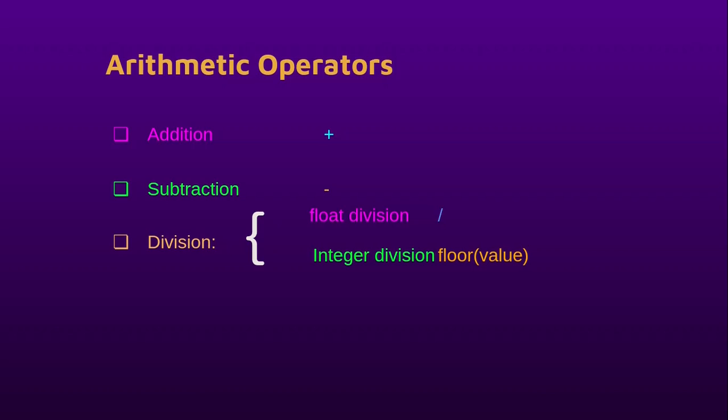What I want you to be aware of is that we're going to be using a cmath header file. We'll talk about that at a later stage. Then we have multiplication, which is just multiplying two numbers. It's just going to be an asterisk.